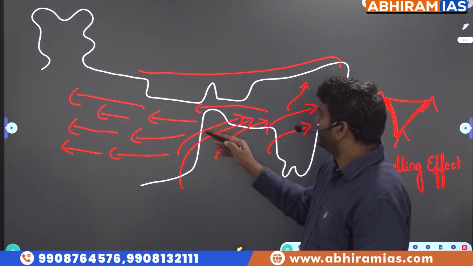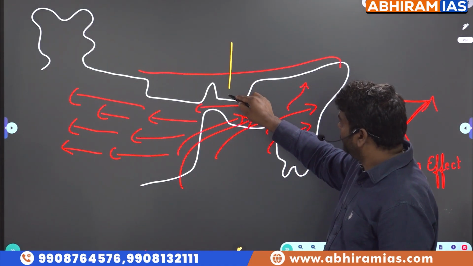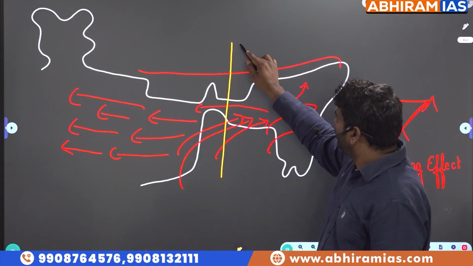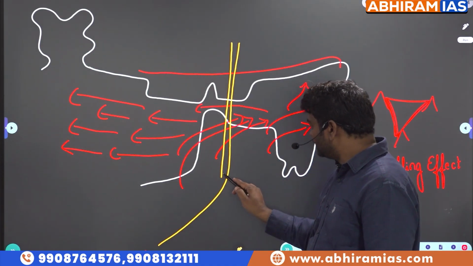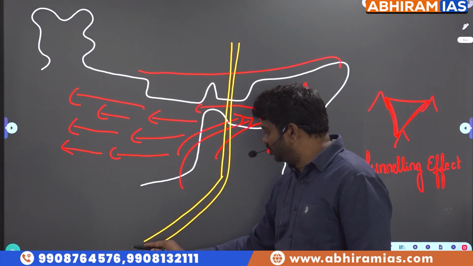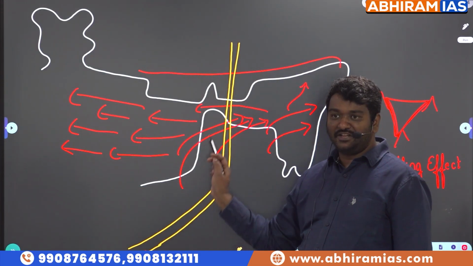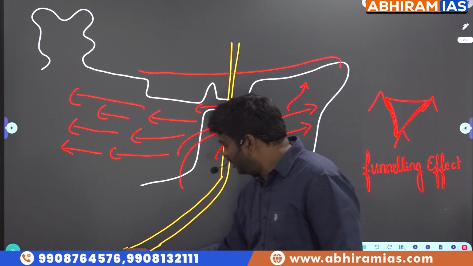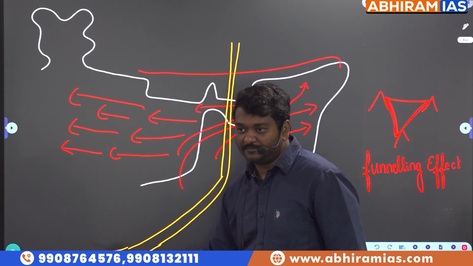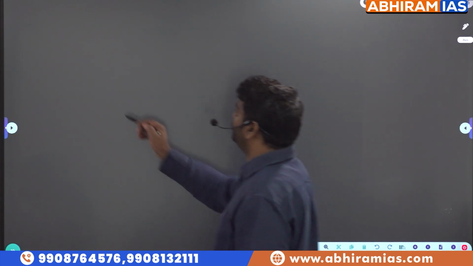You see here, it comes from Tibet and turns towards Bay of Bengal, because it is right in the northern hemisphere, right? And then it enters towards India. So let me give you, how does it move?